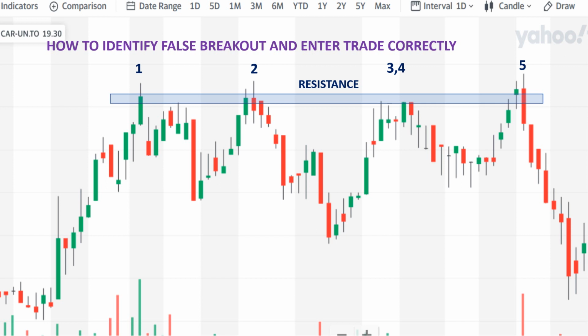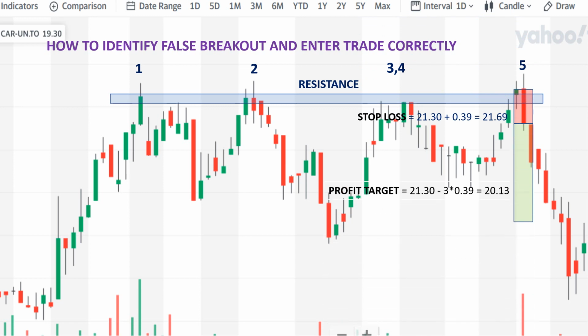Here we can exit the trade at the close price of this bearish candle and put 1 ATR above for a stop loss and 3 ATR below for profit target. So this is going to be our stop loss and this is our profit target. So this is how you can trade false breakout correctly.